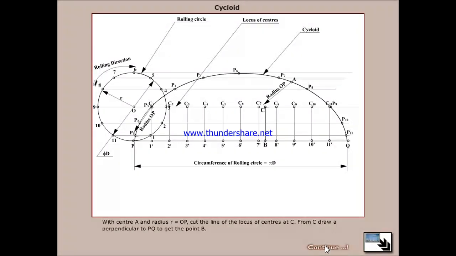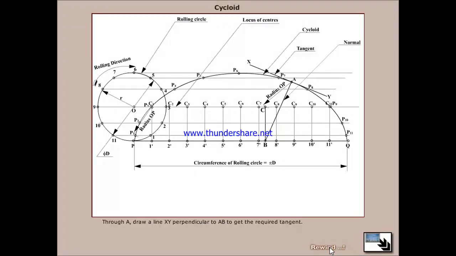With center A and radius R equal to OP, cut the line of locus of centers at C. From C, draw a perpendicular to PQ to get the point B. Connect AB and extend it, which will be the normal. Through A, draw a line XY perpendicular to AB to get the required tangent.